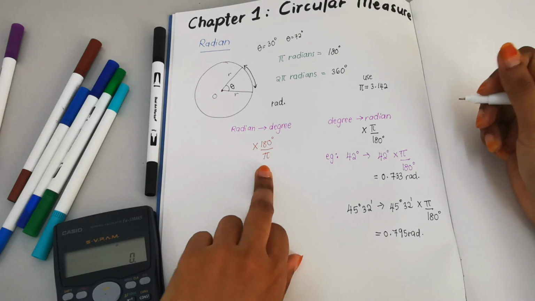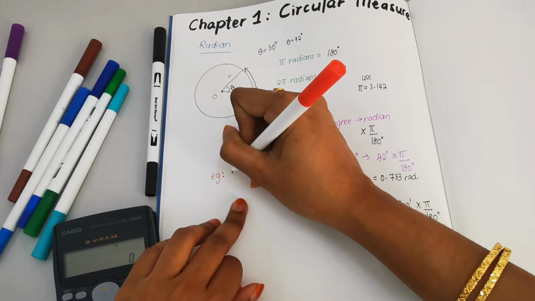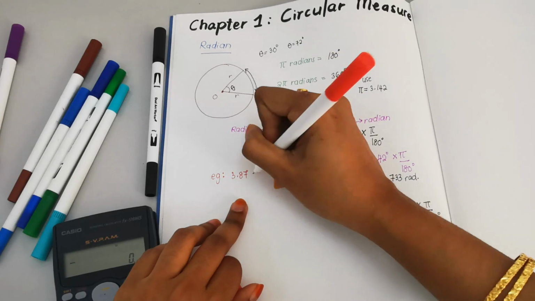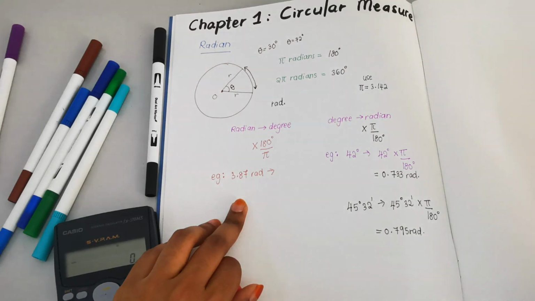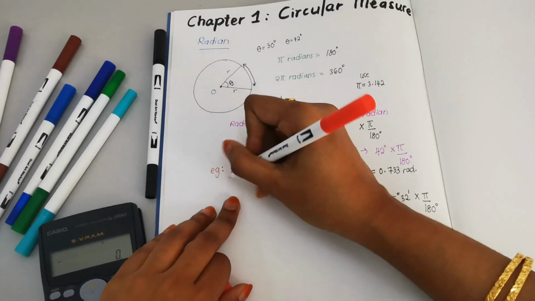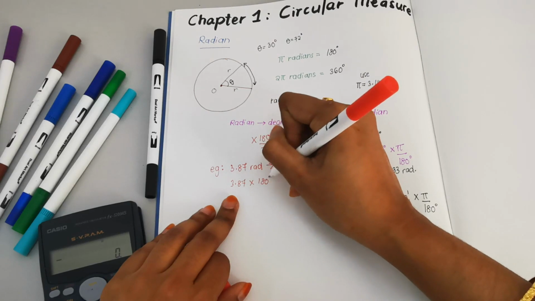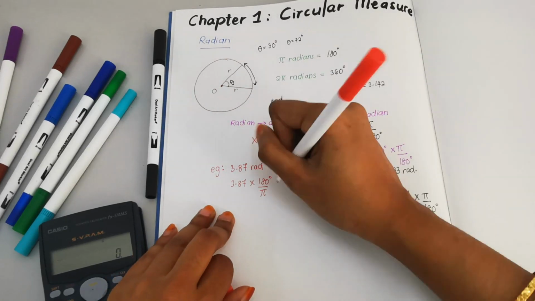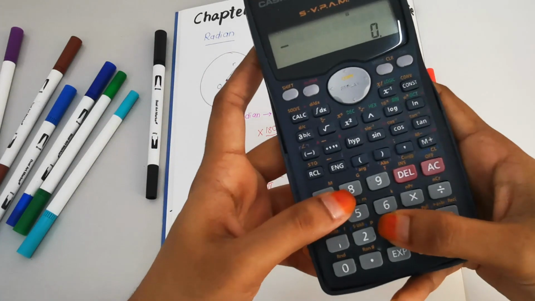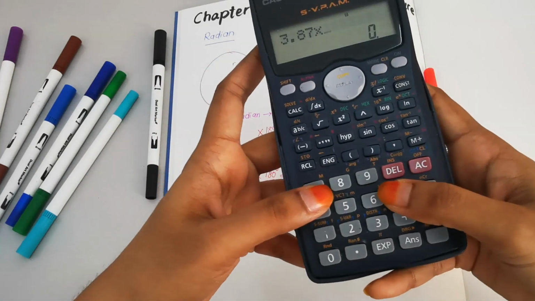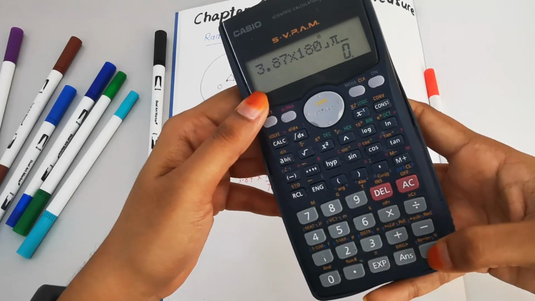Let me give one example. Let's say you got 3.87 radian, and they ask to change to degree. First step, write 3.87 and multiply by 180 over pi. Key in the calculator exactly: 3.87 multiply 180 over pi.